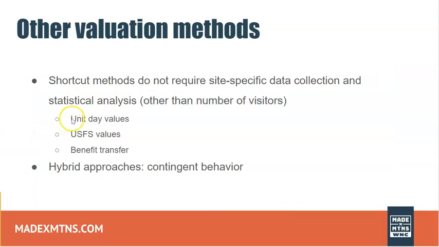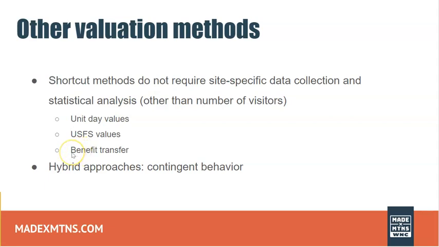Okay, so the chapter talks about unit day values, U.S. Forest Service values, and benefit transfer. We're going to totally skip unit day values. And the U.S. Forest Service values, these are unit day values developed by the U.S. Forest Service.